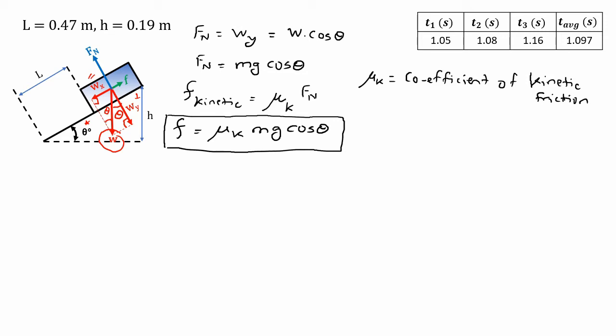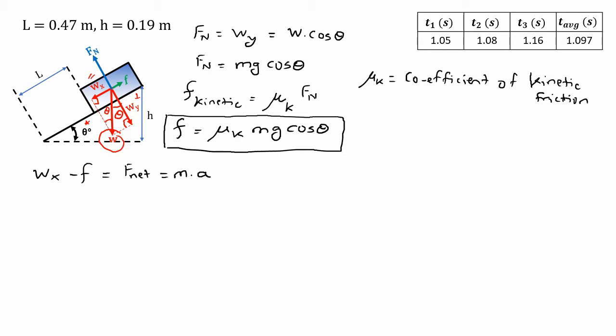Since Wx is stronger than the friction force, the difference between the two is nothing but the net force on this block. And from the second law, we know net force is mass times acceleration. And since the pull down the ramp is more, the acceleration is also in the same direction.